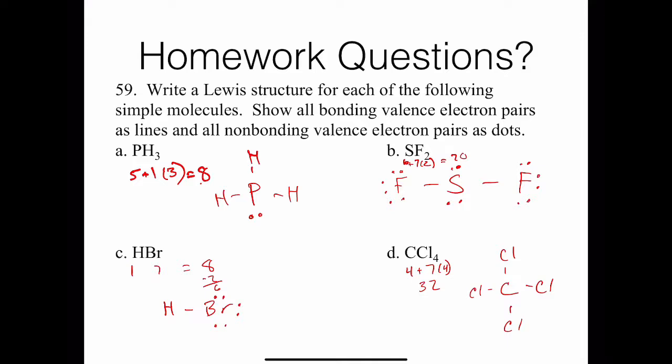I've used 8 electrons to do this. So 32 minus 8 gives me 24 to play with. Now I'm going to put them around the outside. So I have 2, 4, 6, 8, 10, 12, 14, 16, 18, 20, 22, 24. Nothing can go on carbon. Carbon already has access to 8 electrons. It already has its octet filled.